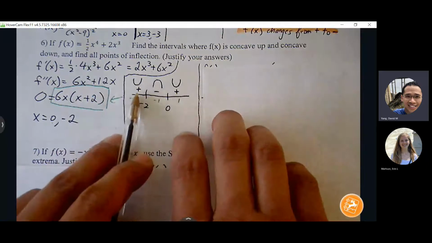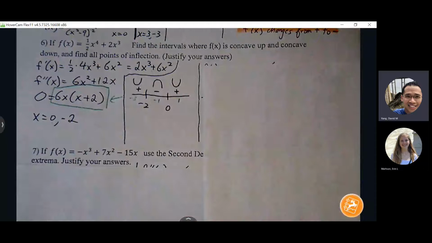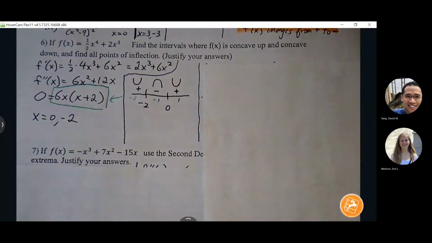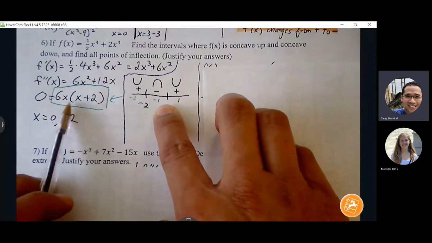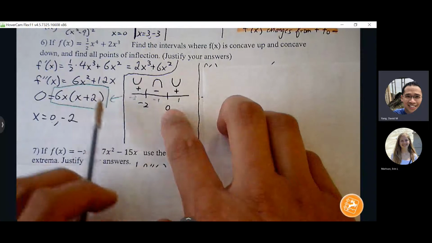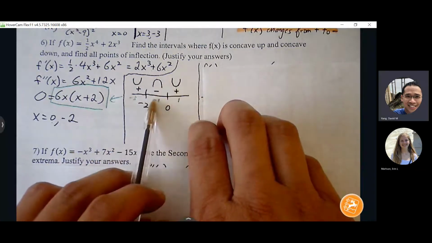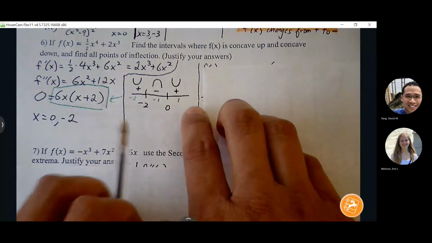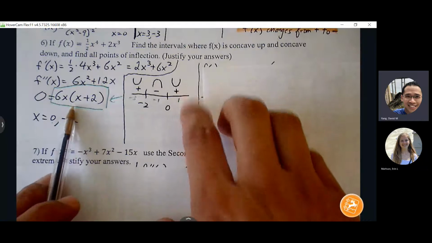So for the first interval, I'm going to put a u to indicate my graph is concave up. Insert -1. 6 times -1, that's negative. -1 plus 2 is positive. Negative times positive is negative. So second interval is negative, concave down. Third interval here, 1 in for x, positive times positive, concave up.